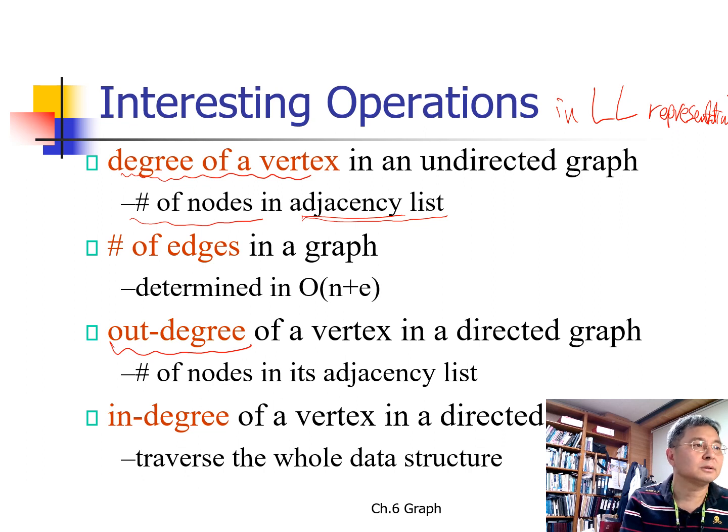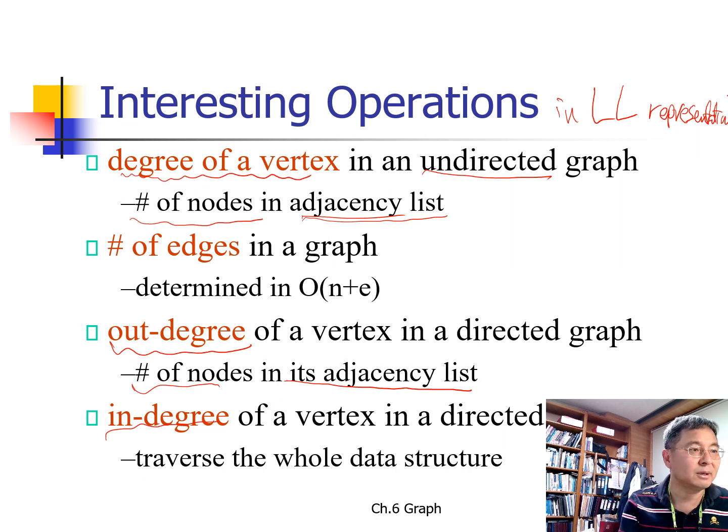Okay, so the out degree of a vertex in a digraph can be calculated using the number of nodes in its adjacency list. Yes, it's the same as an undirected graph. How about the in degree? In degree is not easy to calculate with a linked list.